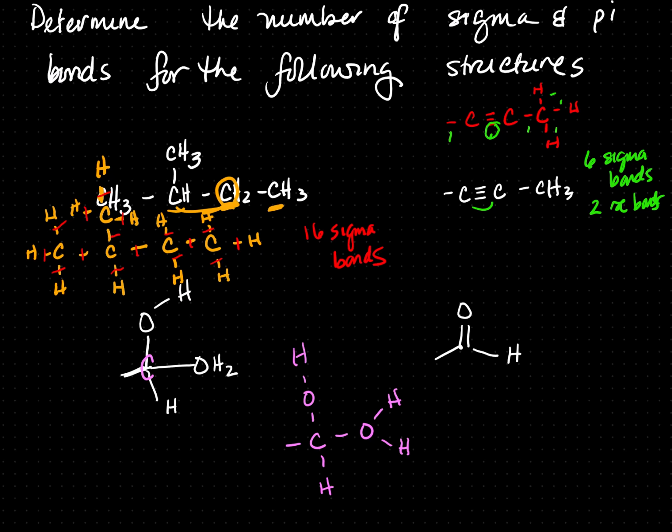Everything here again fills the octet rule, so we could put the lone pairs in for the oxygen. Since the oxygen on the right already has 2 hydrogens and is bonded to the carbon, it only needs a pair of electrons. In this picture too, everything is a single bond, so they are all sigma bonds. So 1, 2, 3, 4, 5, 6, 7. There are 7 sigma bonds.